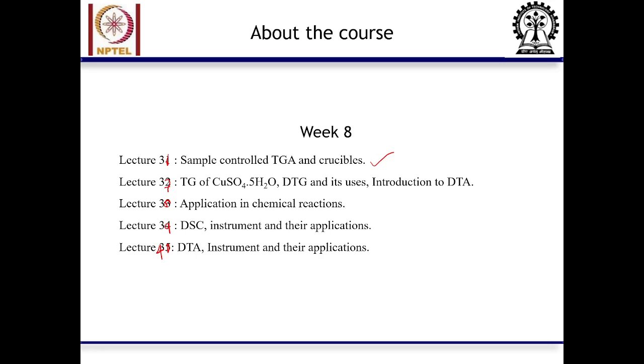In lecture number 38, we have seen the applications of DTA in chemical reactions. Lecture numbers 39 and 40 are interchanged. In lecture number 39, we saw differential scanning calorimetry, its instrument and its application. We saw why we went from DTA to DSC.